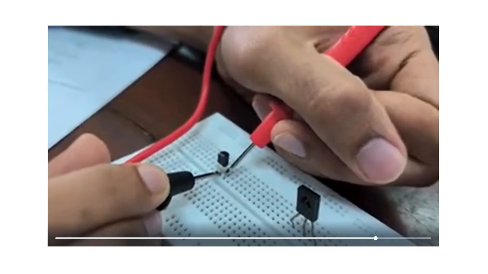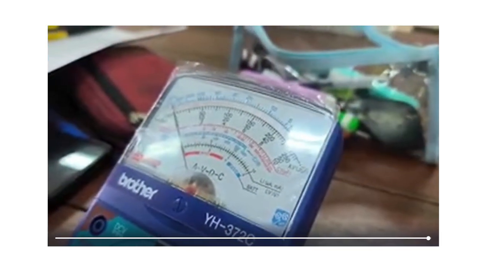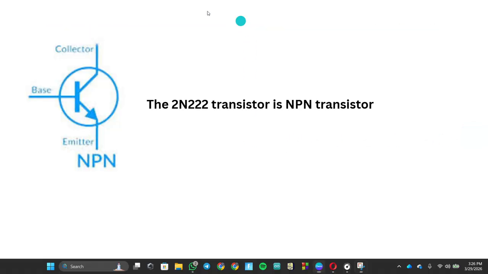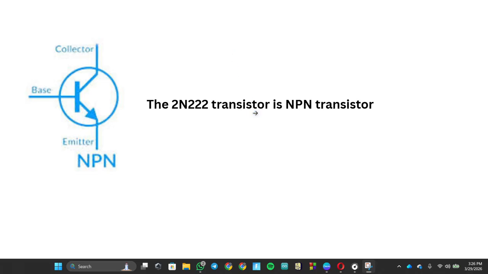And when the red probe is changed to the third terminal, we got no value as well. This shows that there is current flowing and the transistor is an NPN transistor.